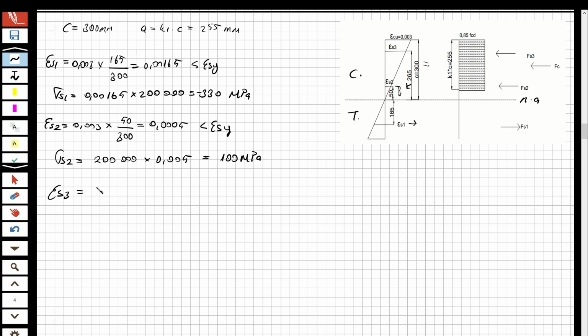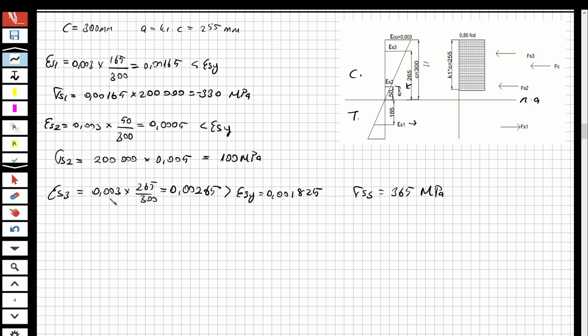For the third steel, 0.003, the distance is 265 over 300, and this is going to be equal to 0.00265. And this is greater than epsilon sy, which is equal to 0.001825. So the stress is going to be 365 for the third steel.